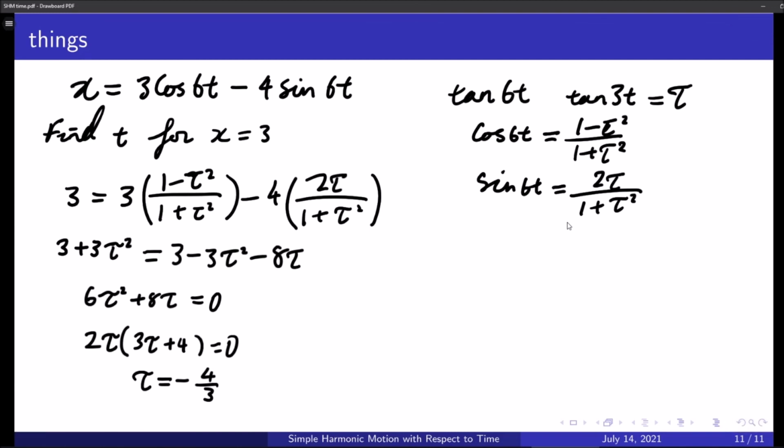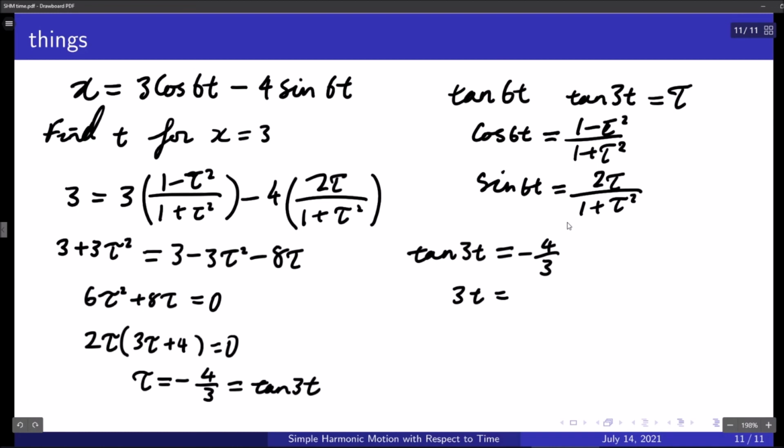Okay, which is once again tangent of 3t. Of course, what we end up with is tangent 3t equals negative 4 over 3. So 3t equals tan inverse of negative 4 over 3.